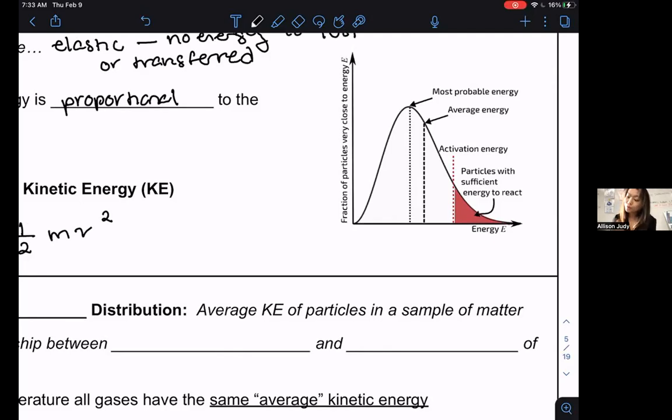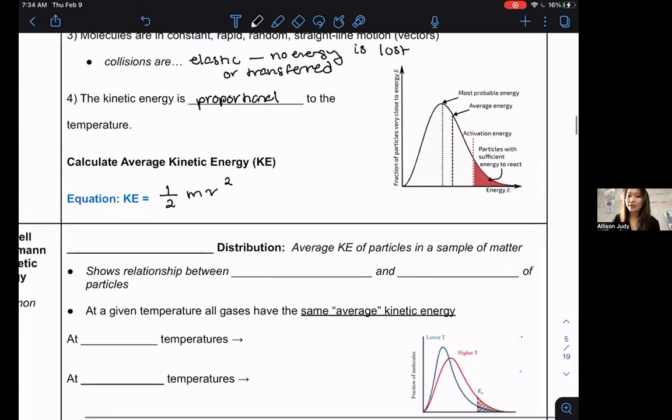So when we take the surface area underneath the curve, we can identify the percentage of a given sample of gas particles that is traveling at a given energy and therefore velocity as well, if we know the mass of the sample, which we can always find by figuring out the molar mass using the periodic table.